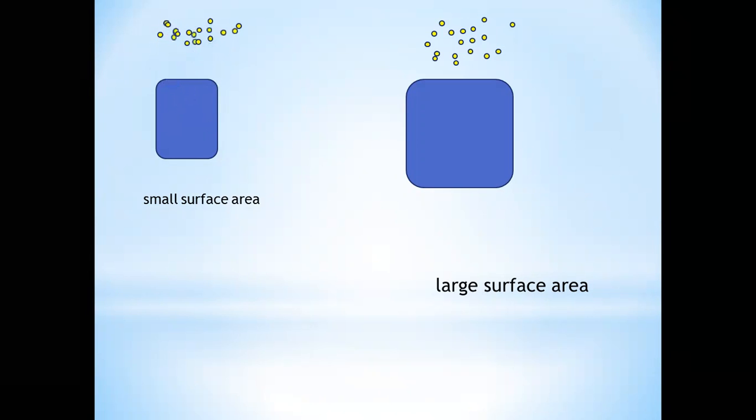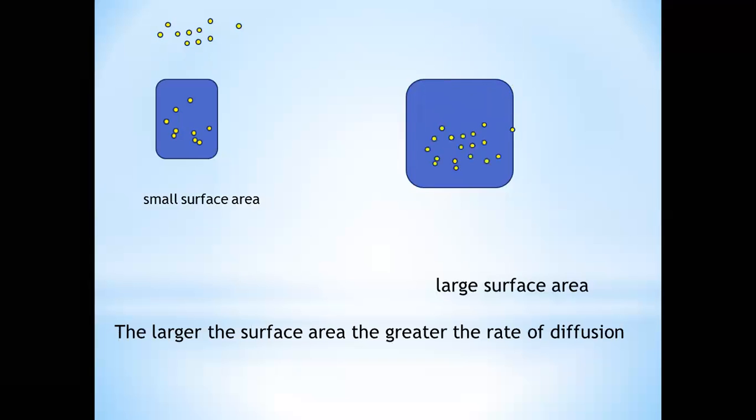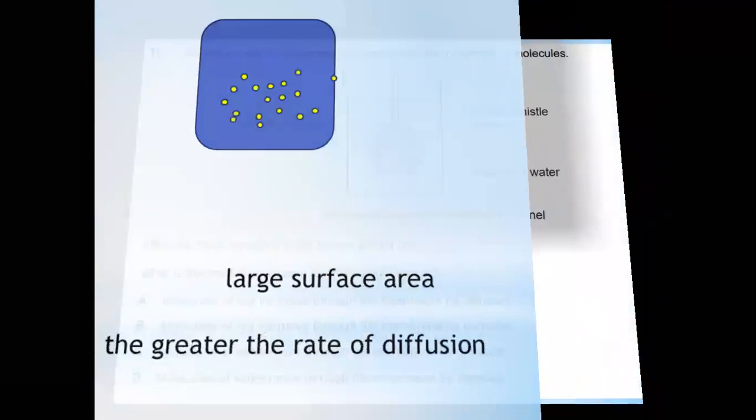So the smaller the surface area, the lesser the rate of diffusion. But if you look at the larger surface area, the rate of diffusion is increased. The larger the surface area, the more particles will enter the cell. So what are we saying? The larger the surface area, the greater the rate of diffusion.